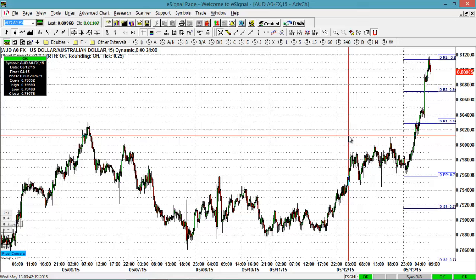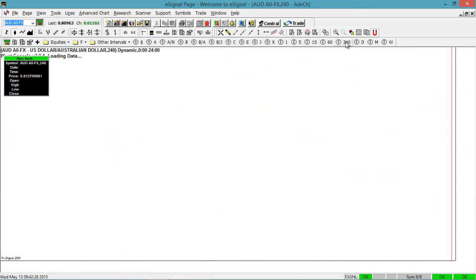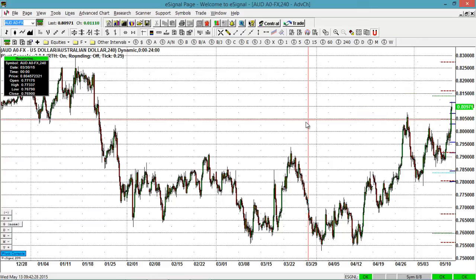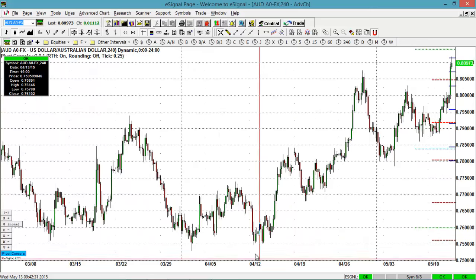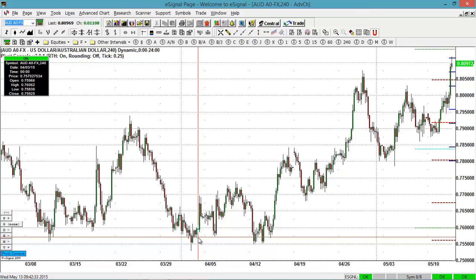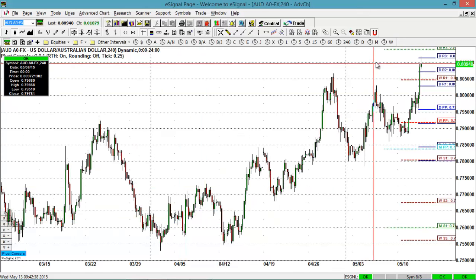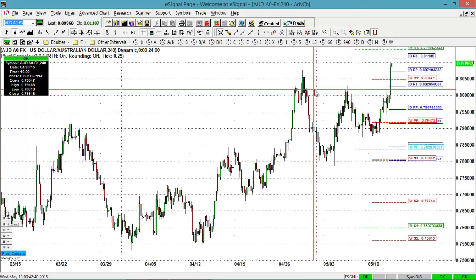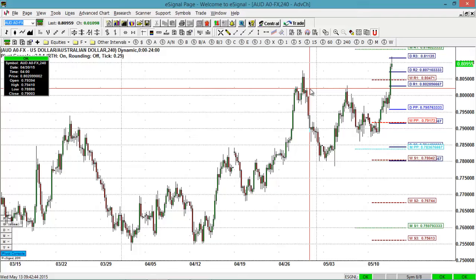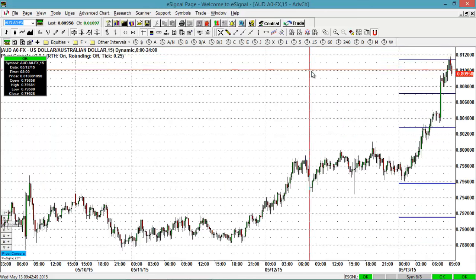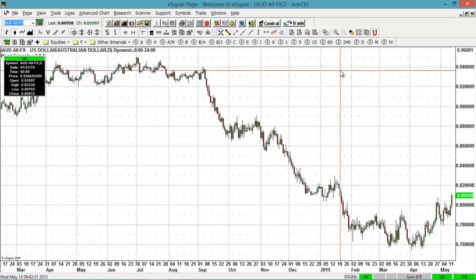A lot of traders do not like to buy highs, but when the market is in an uptrend, as this one is, as you can see, this market bottomed in early April and has been rallying ever since. So when the market is in an uptrend, it's better to stay with the trend, and buying highs is not actually a bad strategy, or buying the breakout.